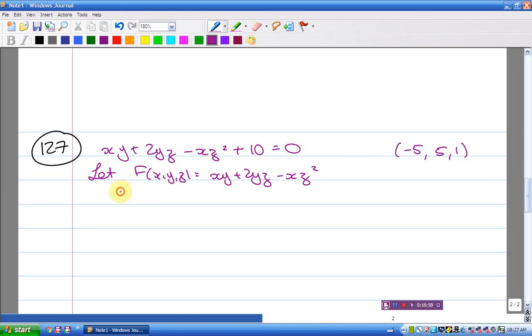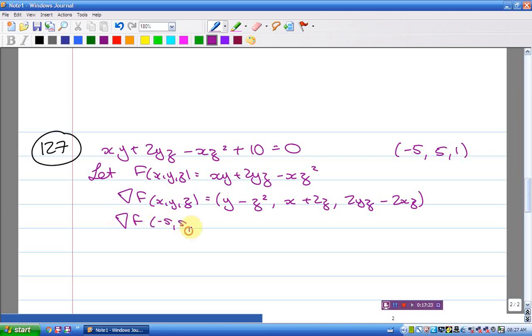I'm only interested in the variables. Poor old constants, nobody cares about them. Oh dear, sometimes they're very important, but not right now. The derivative with respect to x is y minus z squared, with respect to y, x plus 2z, with respect to z, 2y minus 2xz. Okay, let's determine grad f at the point minus 5, 5, 1.